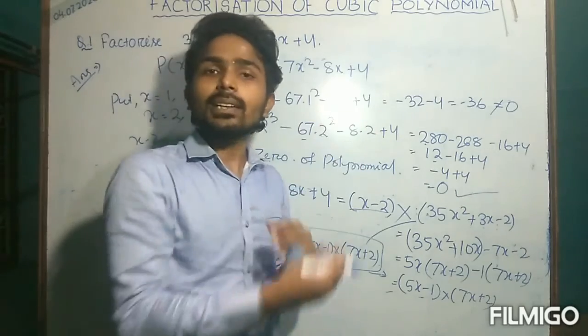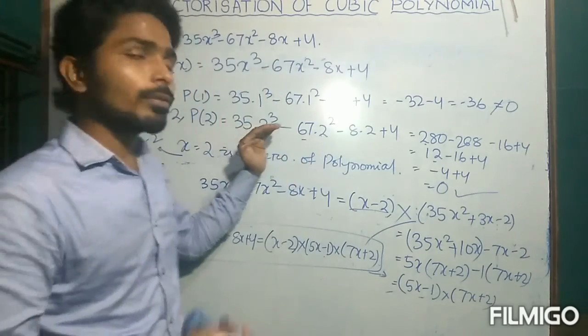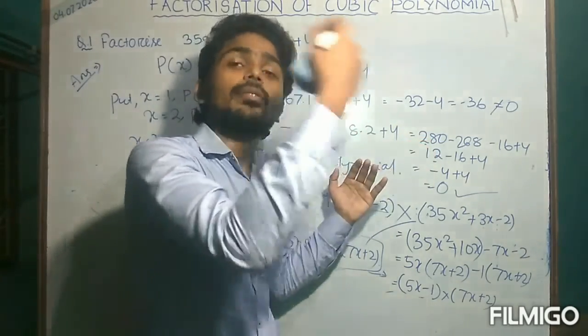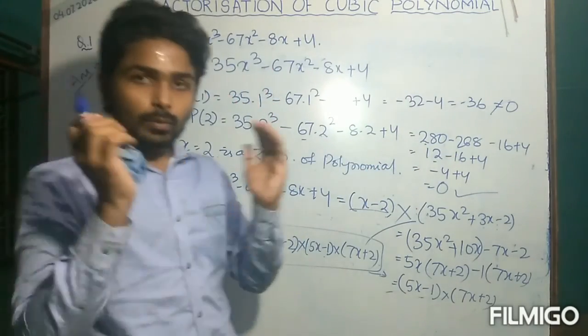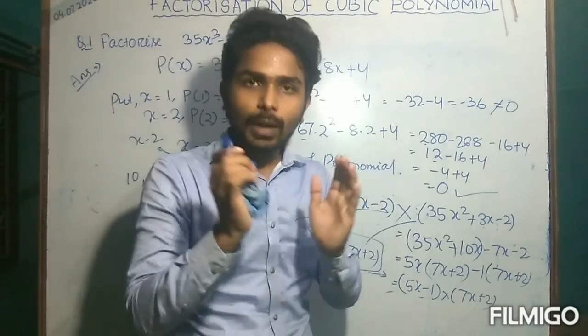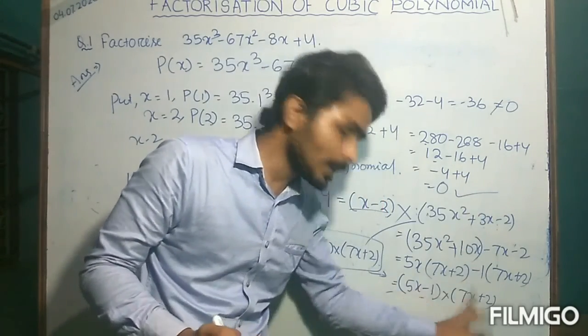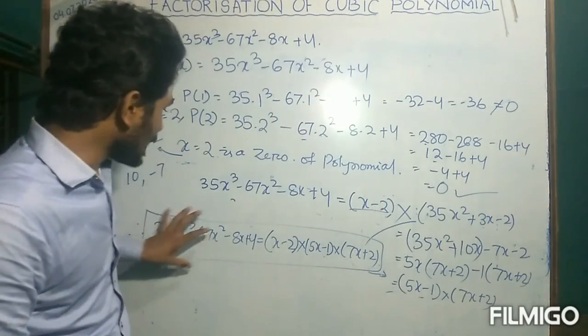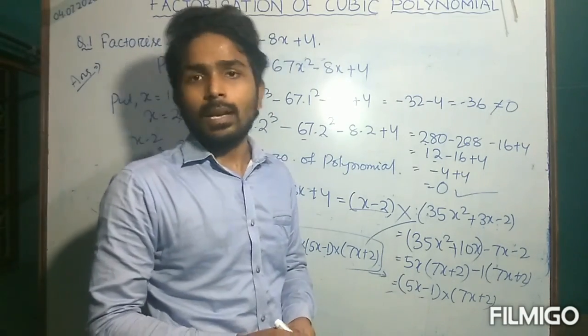After using hit and trial we first get a zero. From that zero we get the factor. Then, finding the factor, you find the quotient, which must be a quadratic polynomial. That quadratic polynomial is then factored into the product of linear polynomials, and finally you get the cubic polynomial as the product of three linear polynomials.